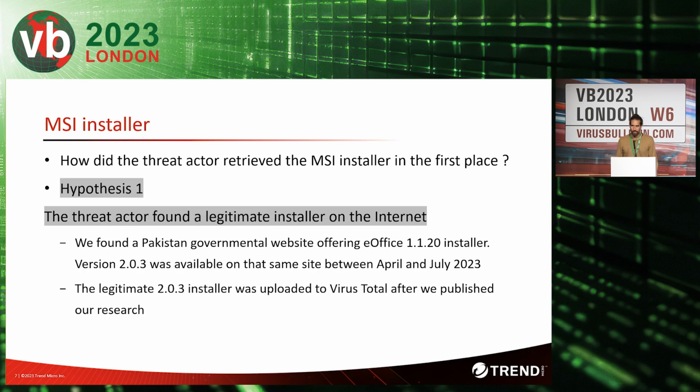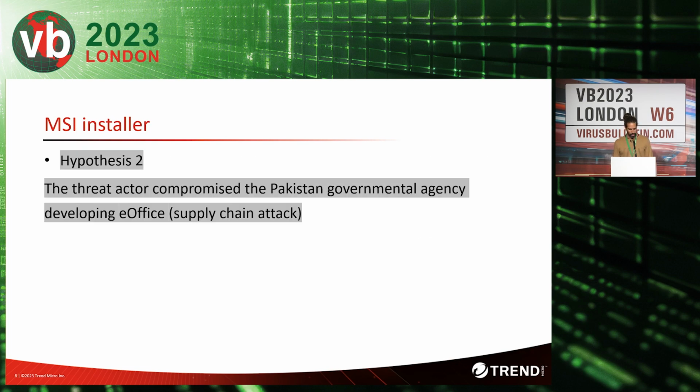We also found that this legitimate installer was uploaded to VirusTotal, but only after we published the research, so the threat actor couldn't have retrieved it from VirusTotal either. So there is a second possibility: the threat actor could have compromised the Pakistan governmental agency that develops eOffice, so it would be a supply chain attack. This was actually our favorite possibility when we did the research and published it.